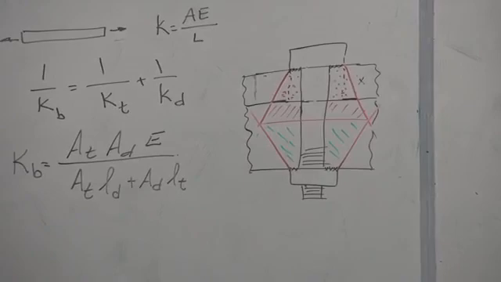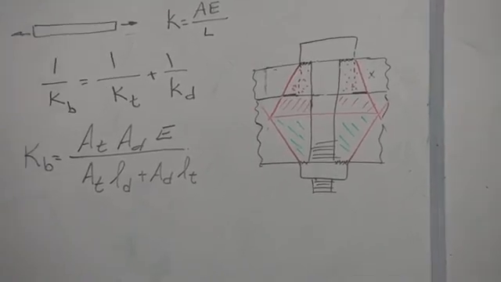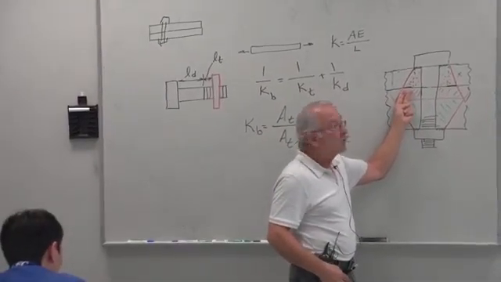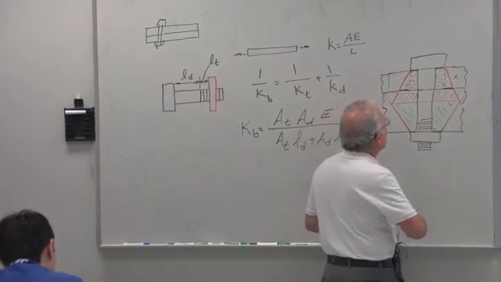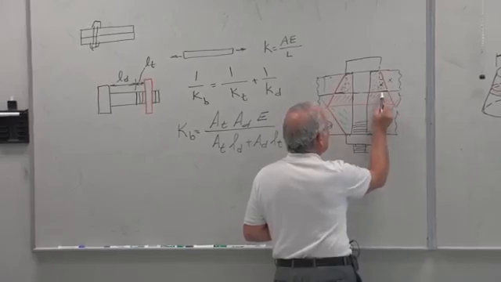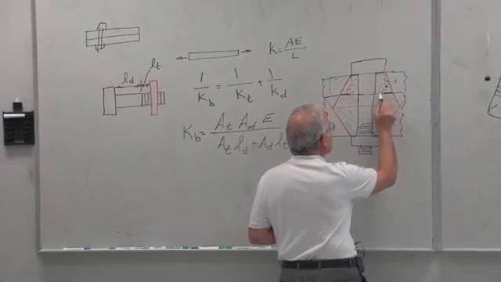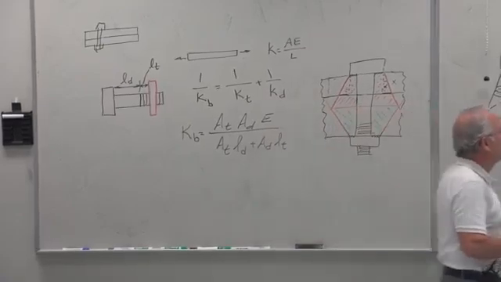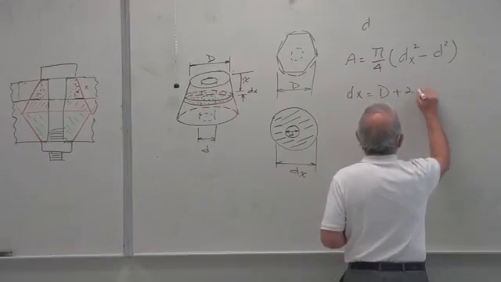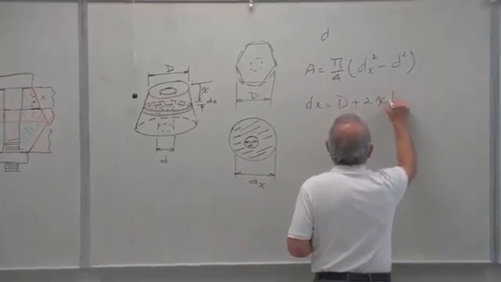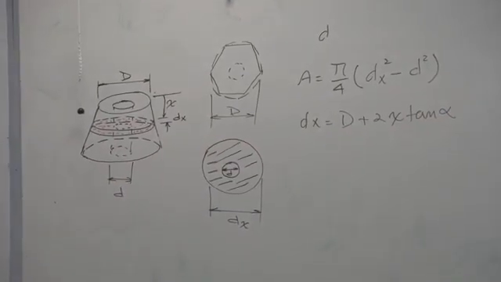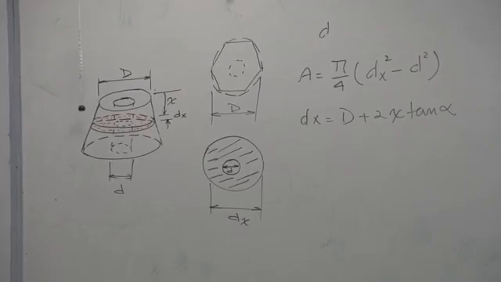Correct? Capital D plus this little piece plus that little piece. Each of those little pieces is, if that angle is alpha, x times the tangent of alpha. Therefore, d sub x is equal to D plus 2x tan alpha. Any questions?